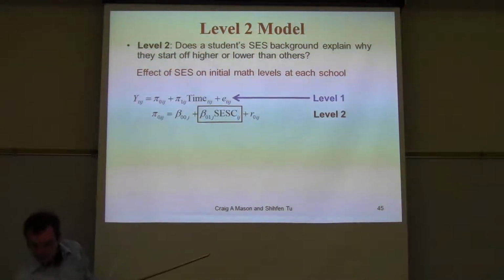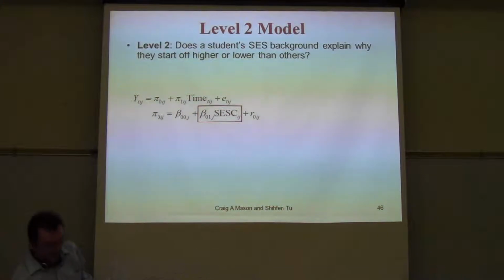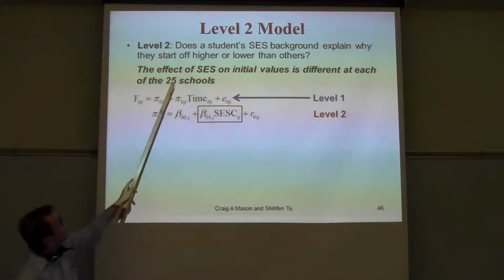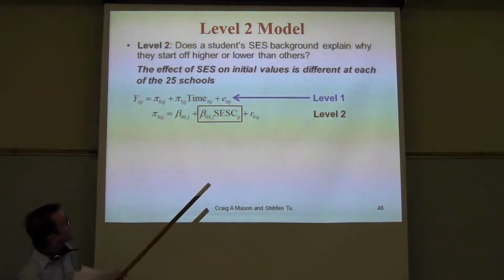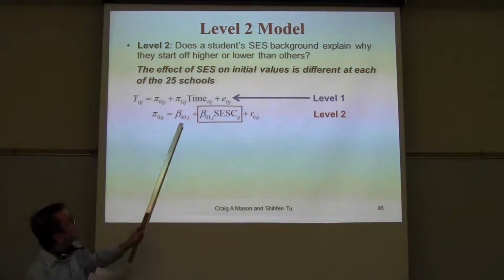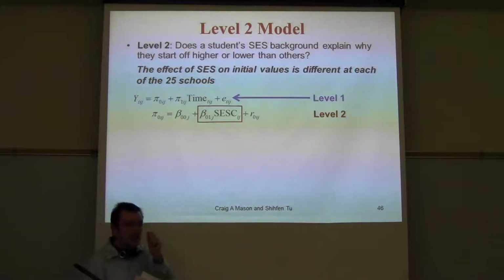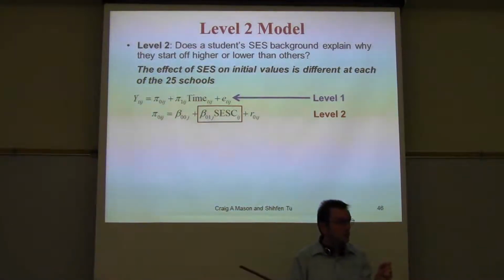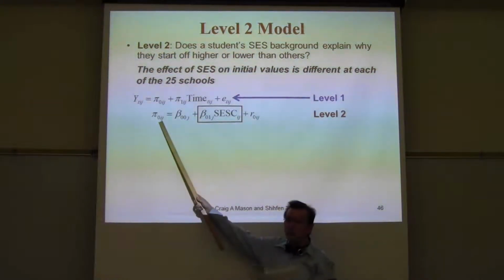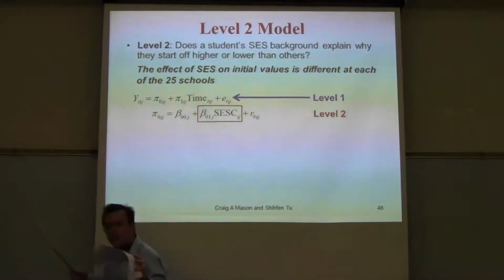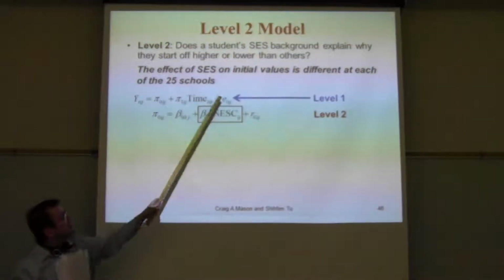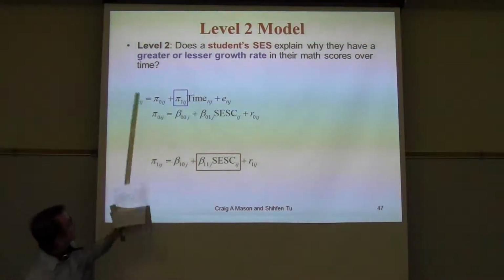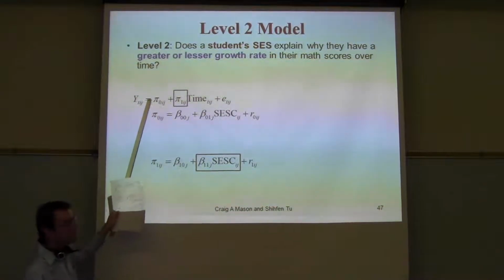So you can think of beta 01J as that SES effect for each of the schools. But I need to be clear. It's the SES effect on what? It's the SES effect on their initial values. Because that's what we're predicting. We're not just predicting their scores. We're predicting the effective SES on those initial values.